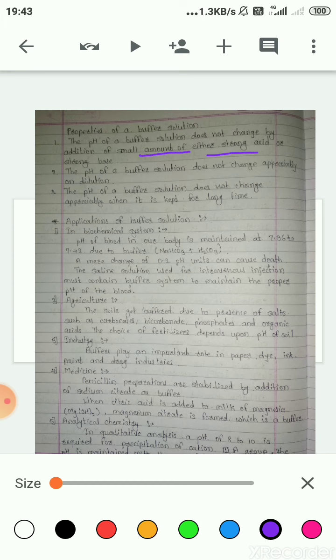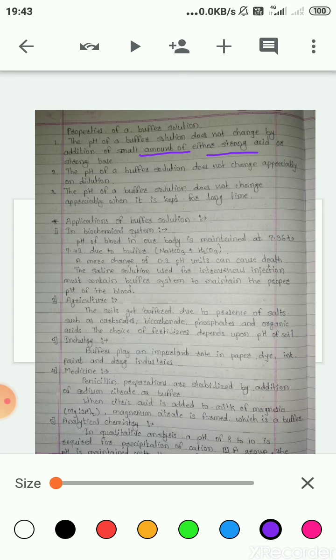The second property is that the pH of a buffer solution does not change appreciably on dilution. Dilution means addition of water.